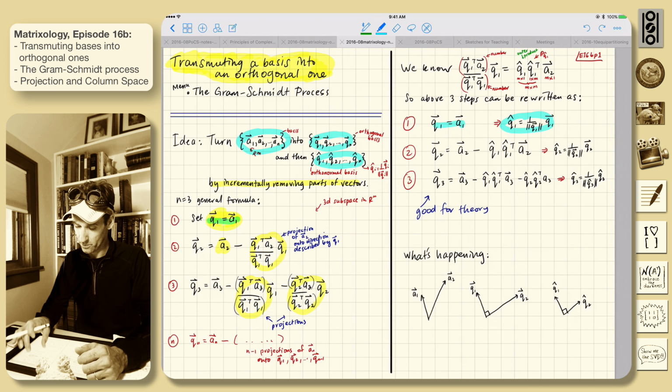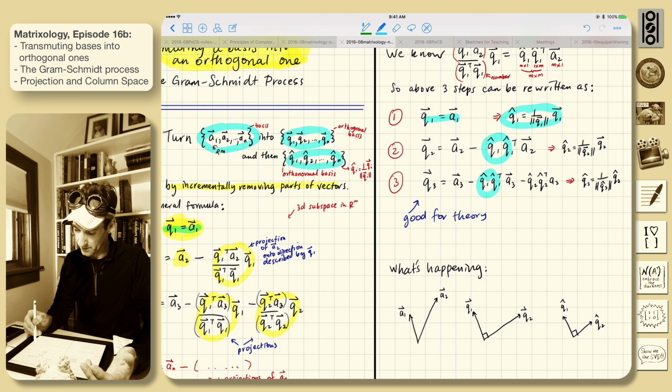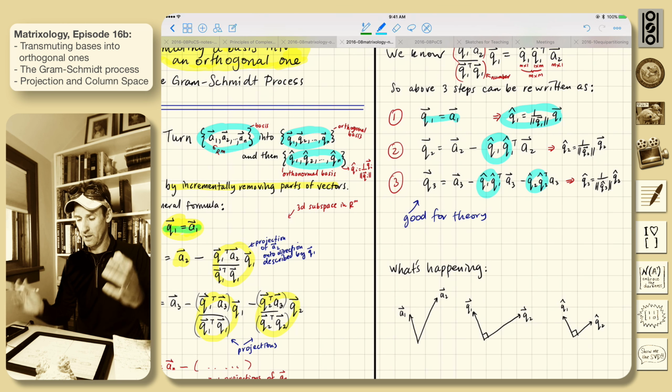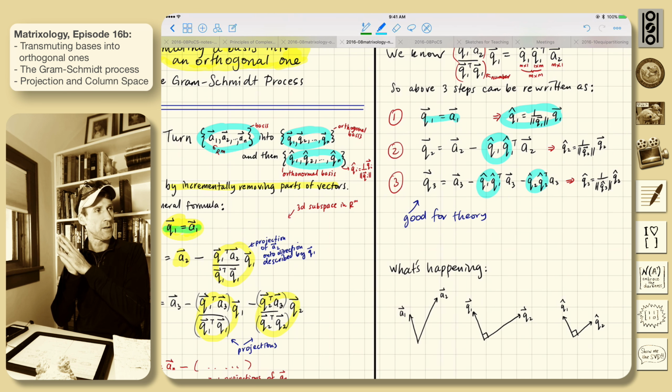So this is a projection operator matrix projecting onto Q1. Same thing here, but the Q2 direction. So they're little projection matrices, right? So they give you the part of A2 that's pointing in the direction of A1, or A3 in the direction of A1 and A2. And then we're subtracting them out. So what's left has to be orthogonal.